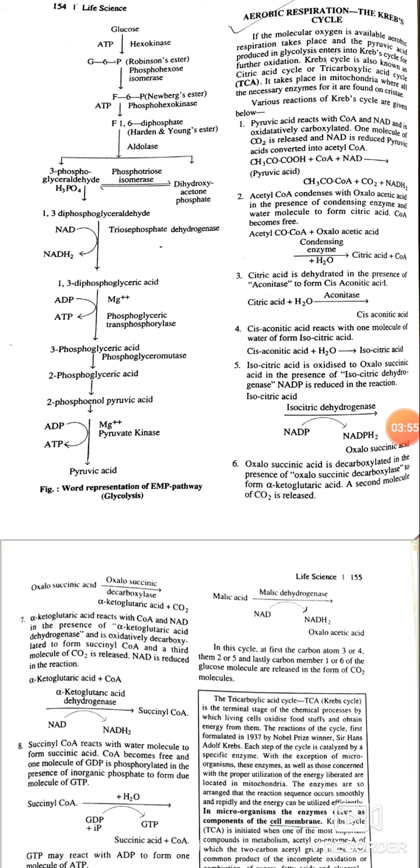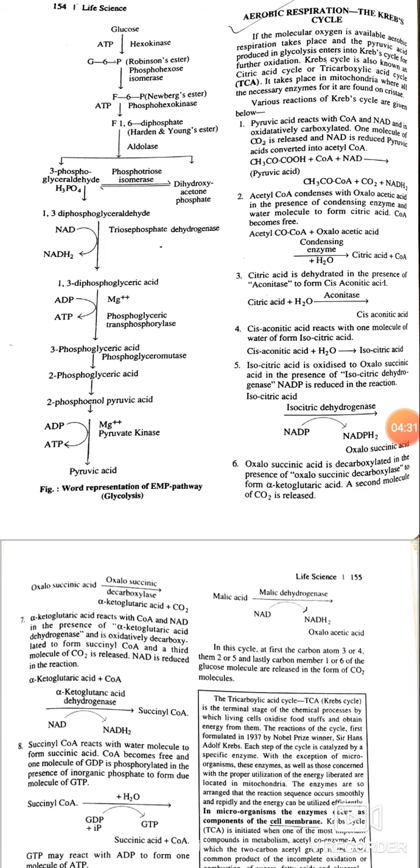Next, alpha ketoglutaric acid reacts with coenzyme A and NAD in the presence of the enzyme alpha ketoglutaric acid dehydrogenase and is oxidatively decarboxylated to form succinyl coenzyme A, and a third molecule of CO2 is released here. NAD is reduced in this reaction.